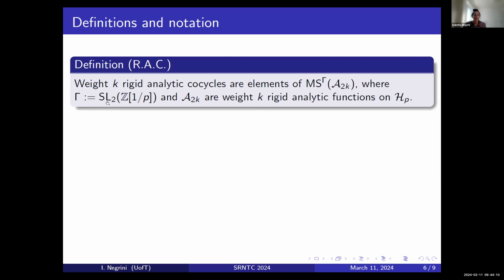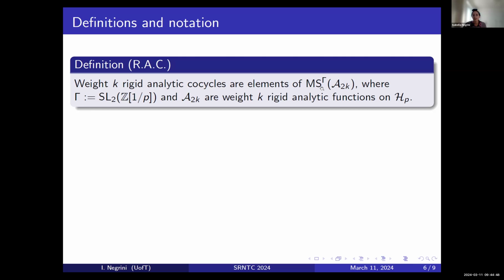This group Gamma, SL_2(Z[1/p]), is acting on H_p by Möbius transformations in the same way that SL_2(Z) was acting on the usual upper half plane. And in the same way that SL_2(Z) had the weight 2k action on holomorphic functions, now this Gamma has a weight 2k action on these rigid analytic functions, and it's defined in the same way as the usual one. So that's what A_{2k} is: these analytic functions with this weight 2k action.